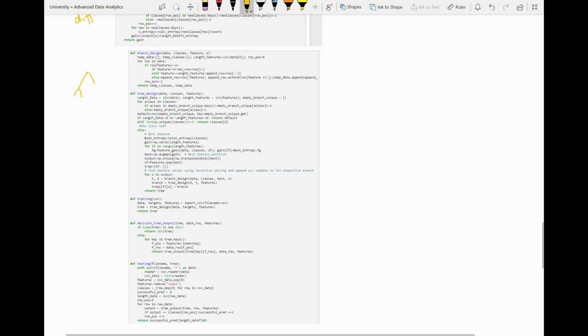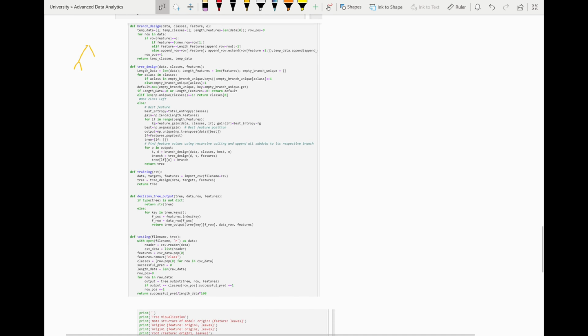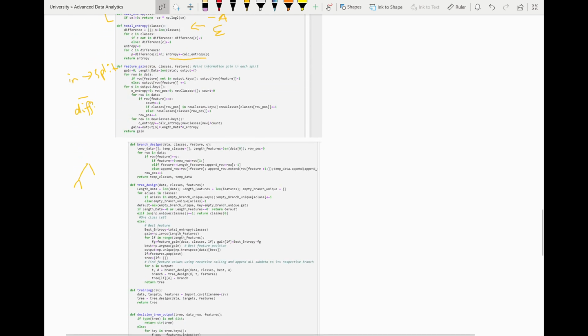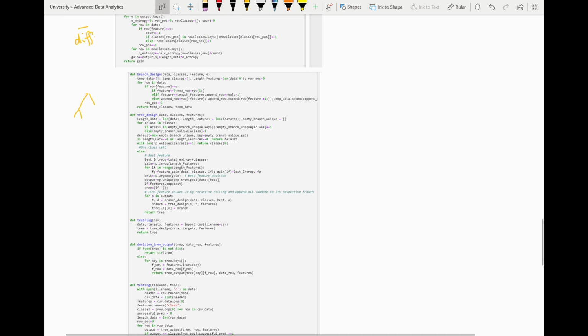We have our tree design, and because a lot of the chunk is taken out, so from the feature gains, it's not actually in the tree design. So the tree design became more of a framework. It would specify when something needed to be called up, such as a branch design.